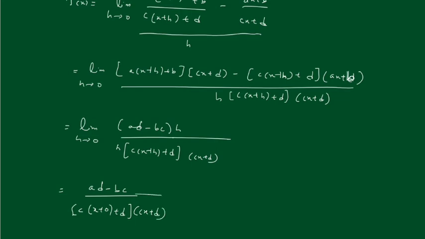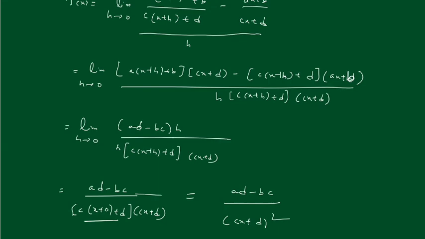So which is equal to, we can write it as (ad minus bc) whole divided by (cx plus d) whole square. So here it becomes (cx plus d) whole square. Here the term, just multiply and simplify this, what we'll get here?